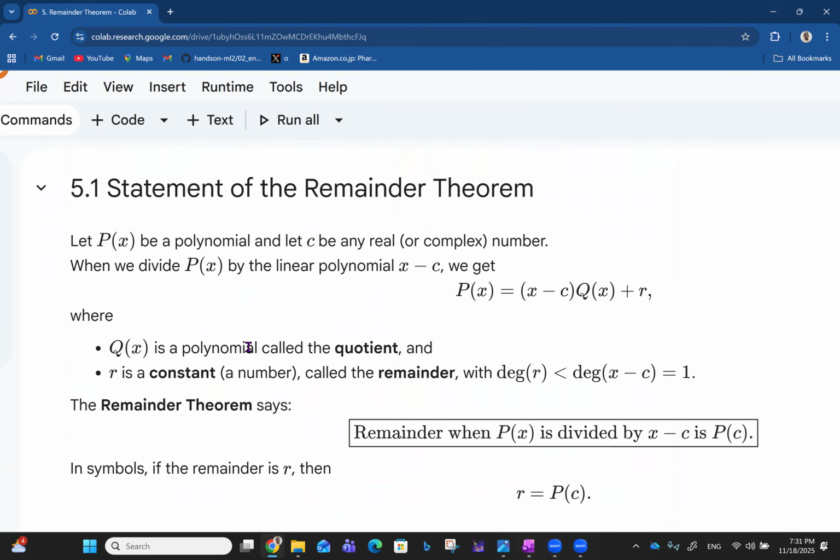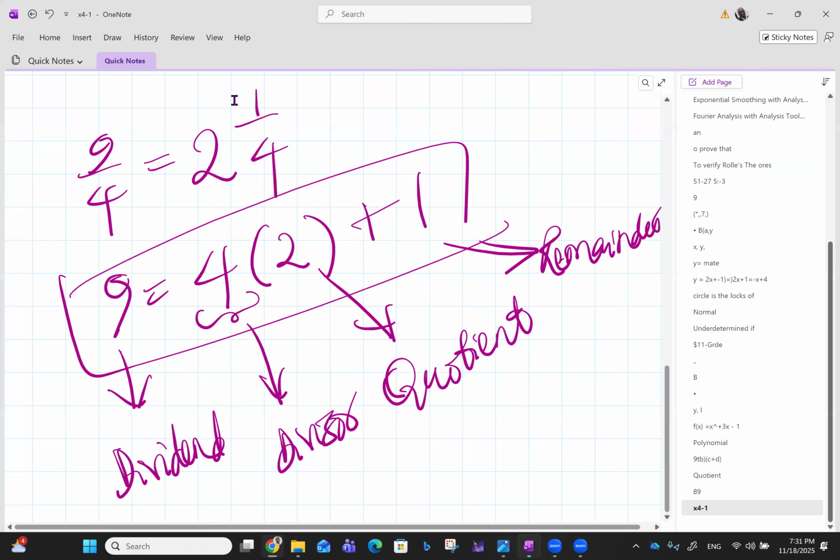So Q of x is a polynomial called the quotient, and R is a constant, a number called the remainder. The degree of the remainder is always less than the degree of the divisor, just like if you do it with numbers, the remainder is always smaller than the divisor.